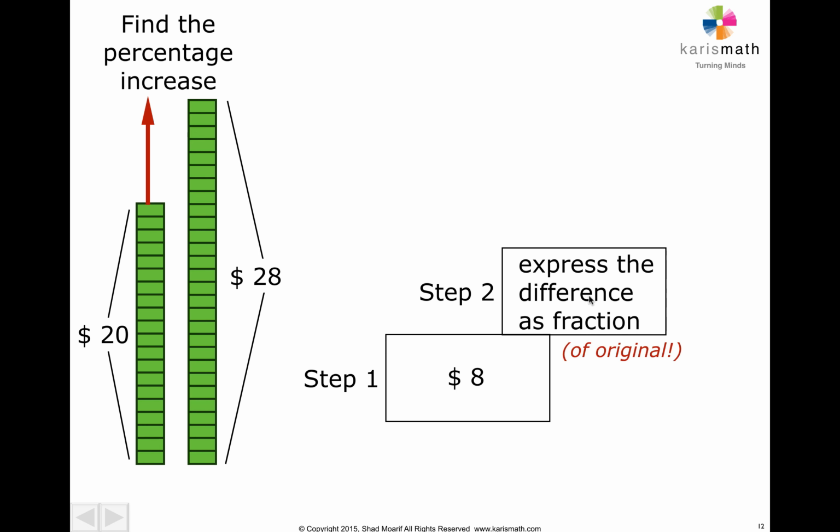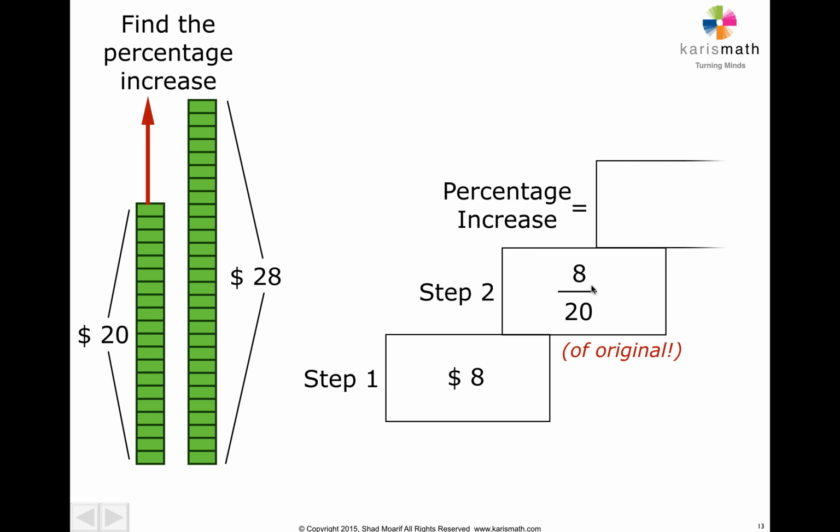Express the difference as a fraction. So in this case, it'll be 8 over 20. This was the original amount because it's increased. Turn that into a percentage: 8/20 is 2/5. So the answer is 40%.